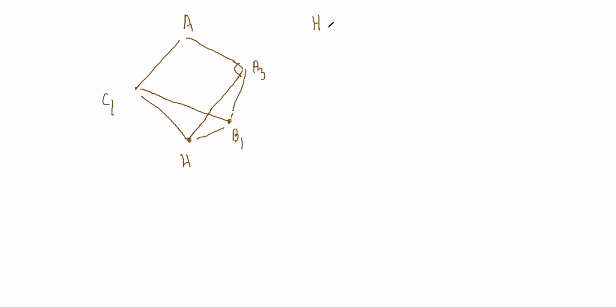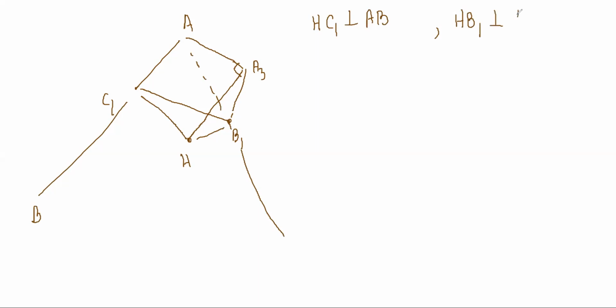So HC1 is perpendicular to AB, where C1 lies on AB, and B1 lies on BC. HC1 is perpendicular to AB, and HB1 is perpendicular to AC.